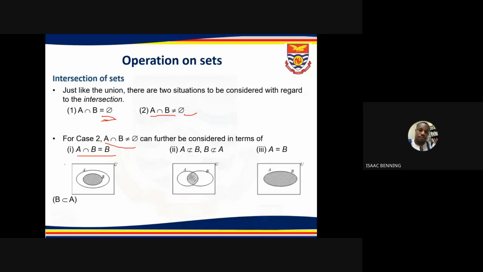This is the situation where we have a proper subset. We can also have a situation when we don't have a proper subset, like this. In this situation, an element can belong to both A and B, as illustrated in this diagram.